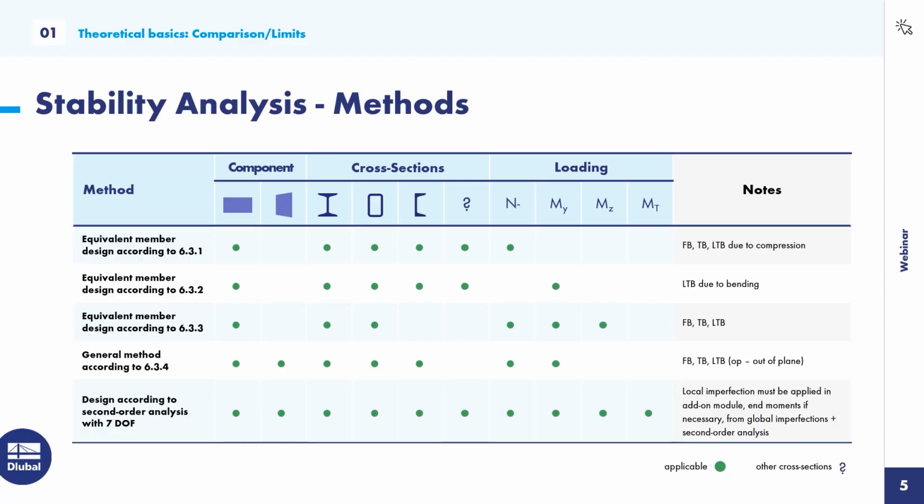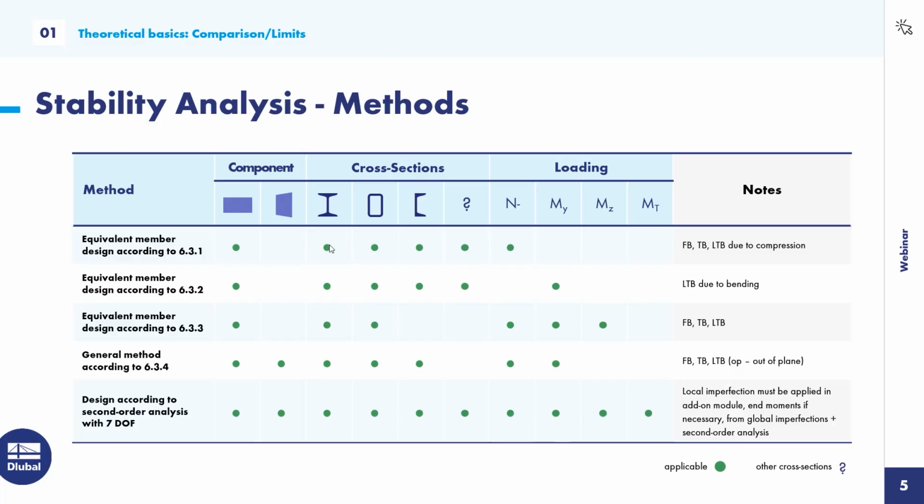Okay, let's start with this overview table where the stability analysis methods are compared. You can see the limits of the different methods in the table. We go through this table line by line. First line, equivalent member design according to 6.3.1, according to Eurocode 3. This is for uniform members in compression.